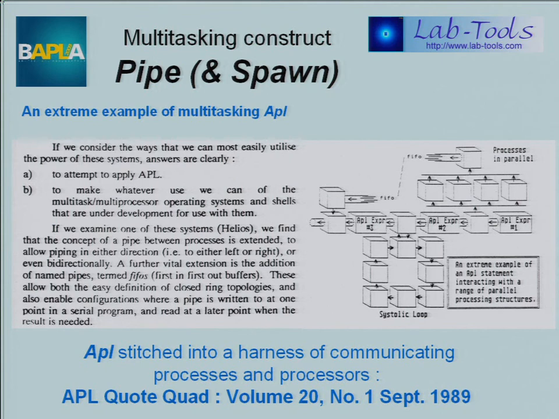But now that you have support, any of these boxes can contain an APL expression. Here we've got a systolic loop. It's one of the things that's been forgotten with multiprocessing. Very often you have to arrange your processors in a data pattern that suits your problem. Here we have a FIFO, a segregation from this point here to this point here, a named pipe.